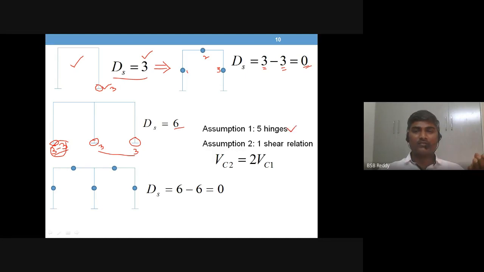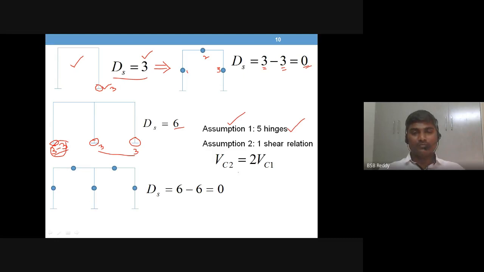First assumption, how many internal hinges, that is, how many points of contraflexure are possible? 3 columns, 2 beams, total 5. So 5 equations from the first assumption, plus there are exterior columns and 1 interior column. So 1 second assumption is possible. With that second assumption, you can get 1 additional equation.